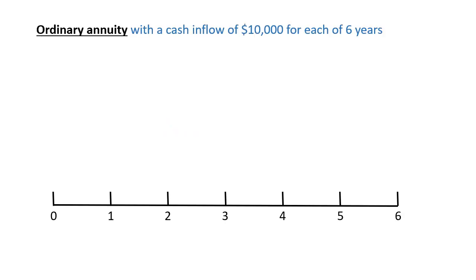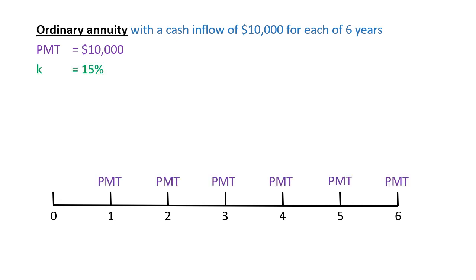Ordinary annuity with a cash flow of 10,000 for each of 6 years. So its PMT is 10,000. K is 15%. N is 6.